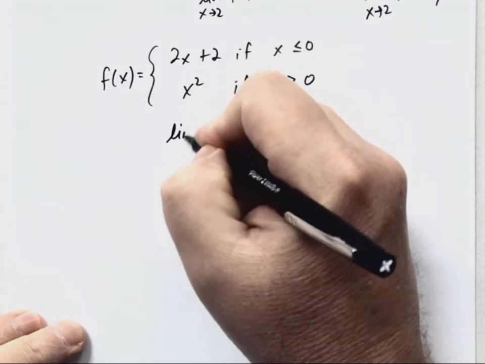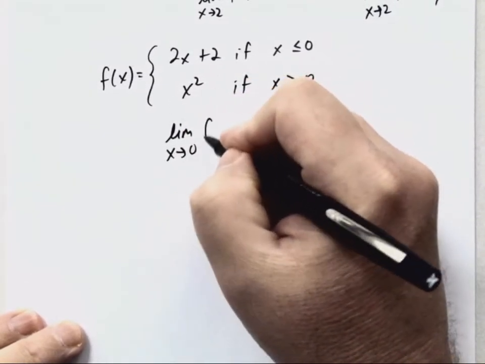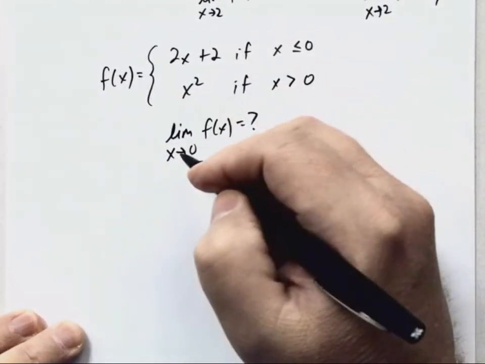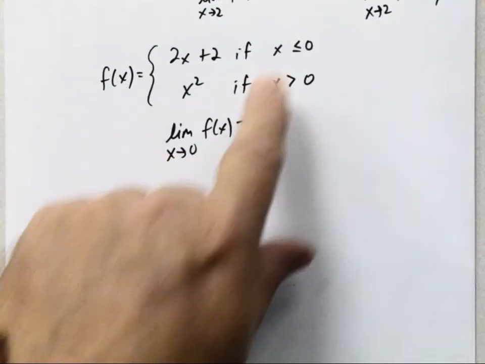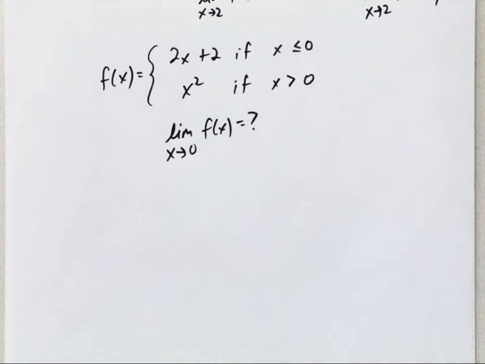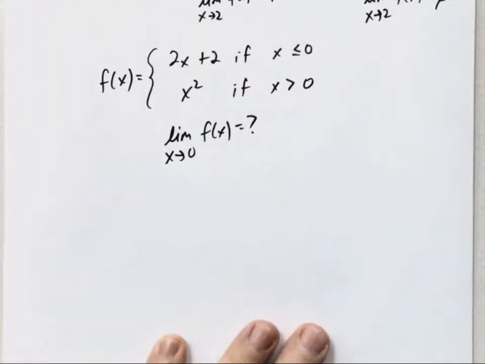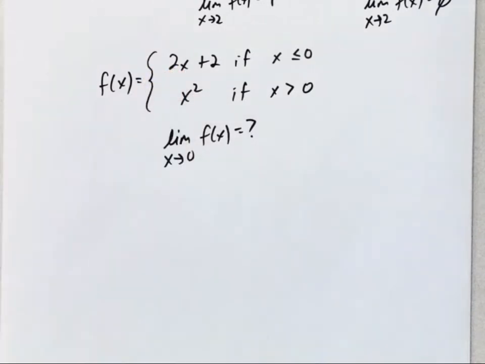Now what they ask you for is, what's the limit of this function when x approaches 0? So as x approaches the dividing line, what's the limit of the function? In this case, even though we have equations here, we actually have to determine the limit as x comes from the low side and the limit as x comes from the high side.